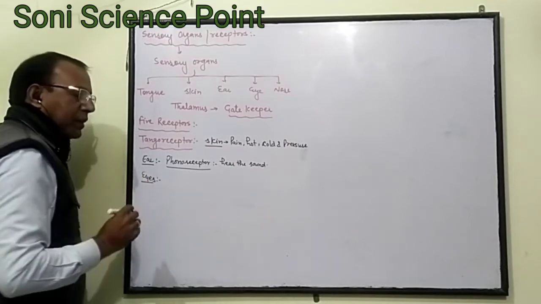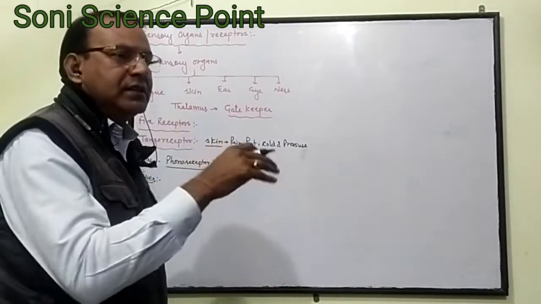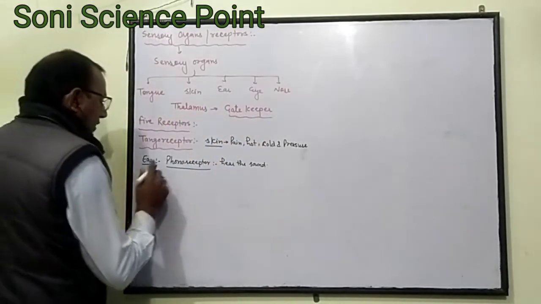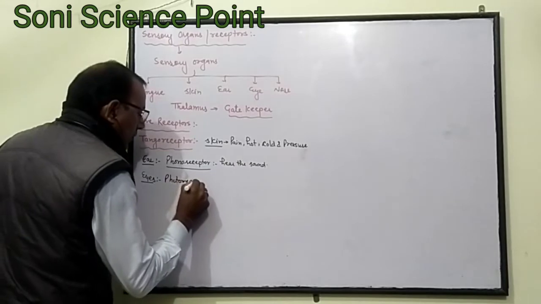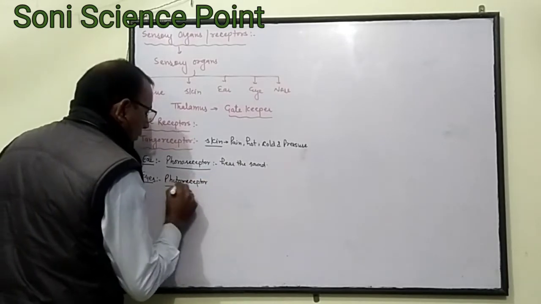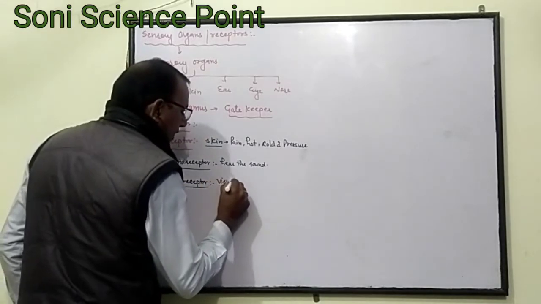Eyes are the organs by which we can receive sunlight so that we can see objects. So eyes are photoreceptors, because with the help of eyes we can see objects, that is called vision.